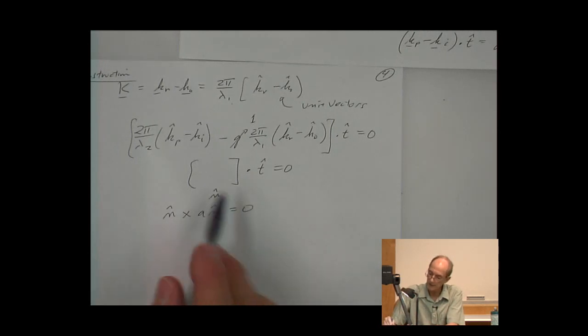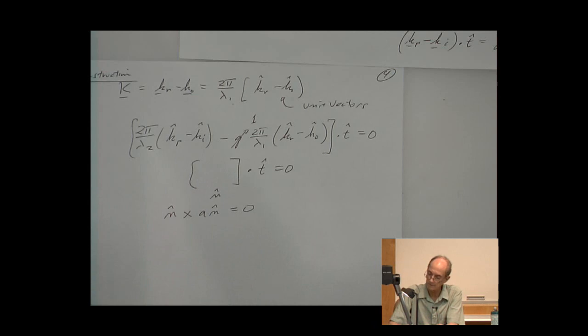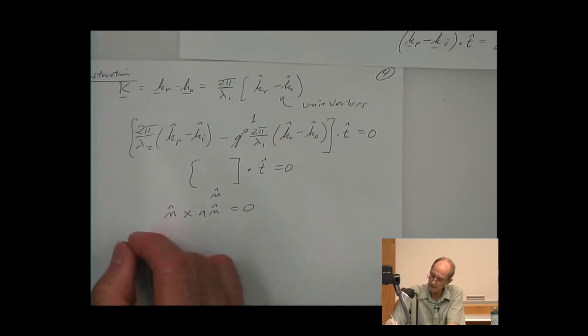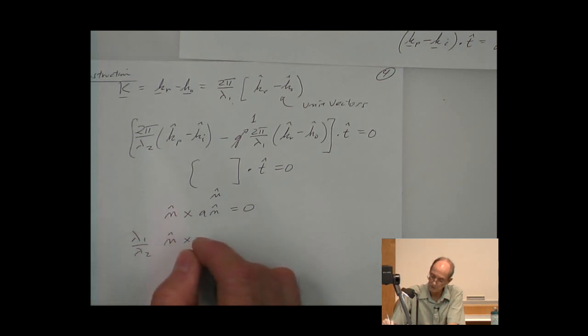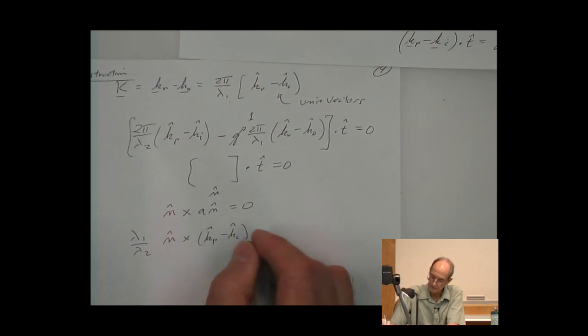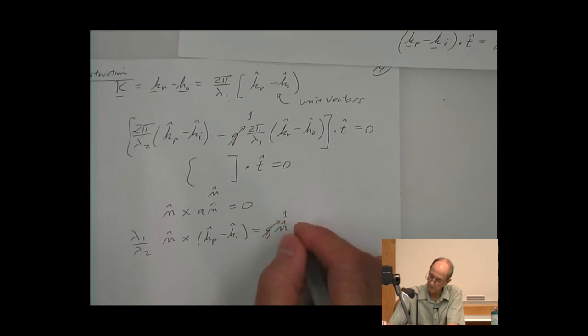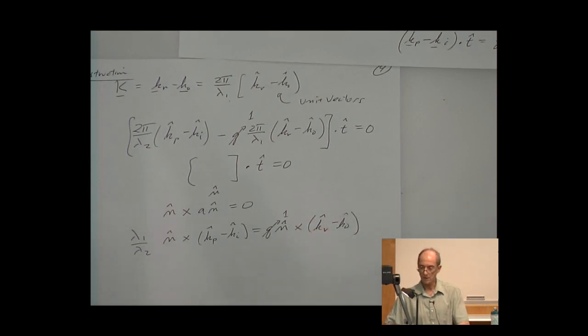So we can then take this term that we have inside of this parenthesis here and rewrite it in the following way. We have the two wavelengths, lambda 1 over lambda 2, n cross kp minus ki, is equal to n, and again we could place q there if we want to, and set it equal to 1, carry it a little further if we wish, n cross kr minus ko. All right.